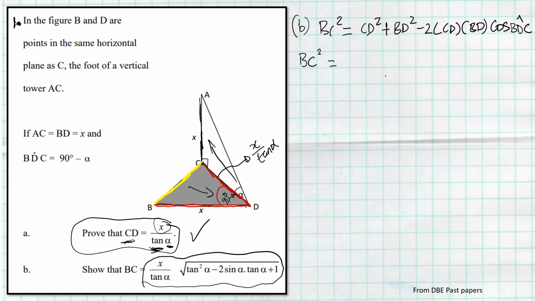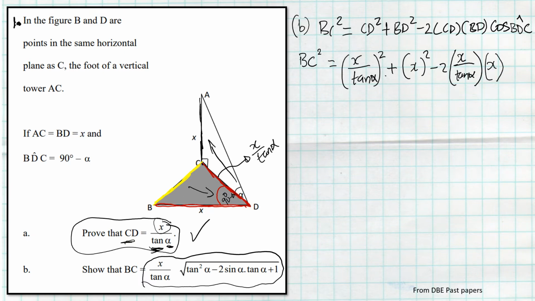So we can now go and solve for our BC. So BC squared is equal to, what is our CD? Our CD is X over tan alpha, and this is squared. Plus BD is X squared, minus 2 into, what is our CD? X over tan alpha. What is our BD? It's X. Then cos of 90 degrees minus alpha. Can you see?